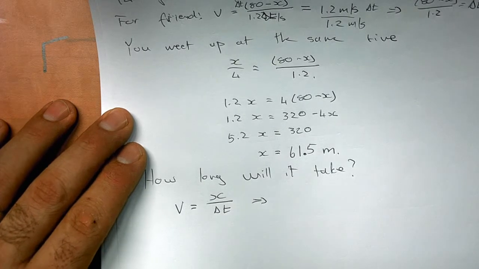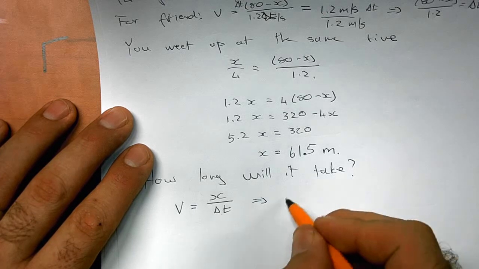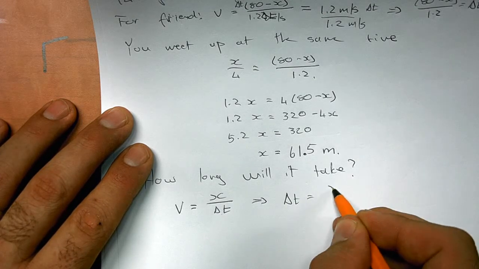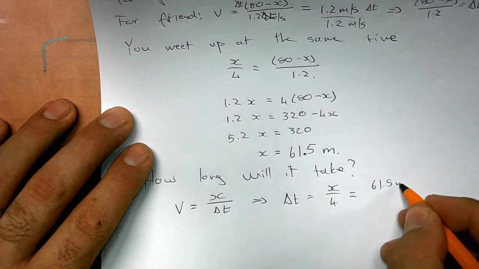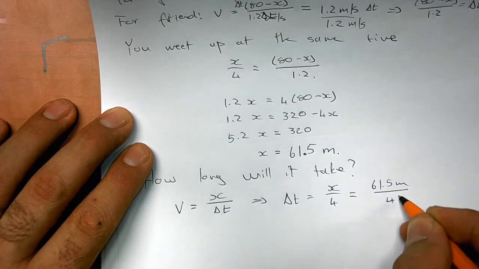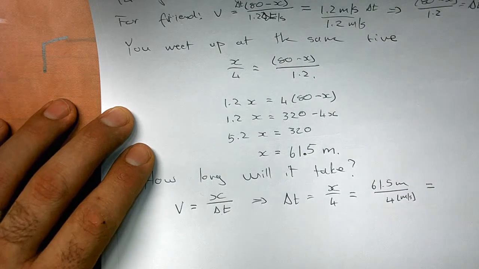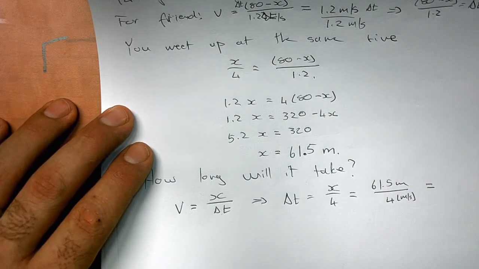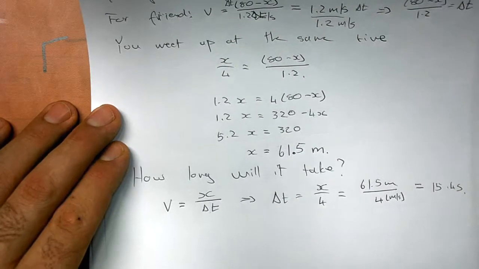We have already made time the object of this equation. We said this is equal to x divided by 4. We have now found x, it's 61.5 meters, divided by 4 meters per second. And this gives you the requisite amount of time, and it takes you 15.4 seconds to meet up with your friend.